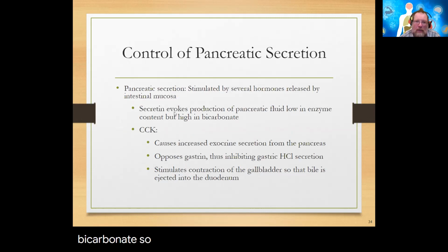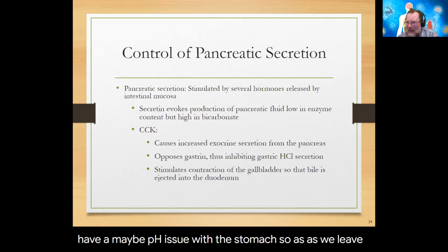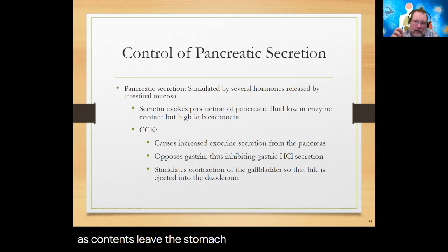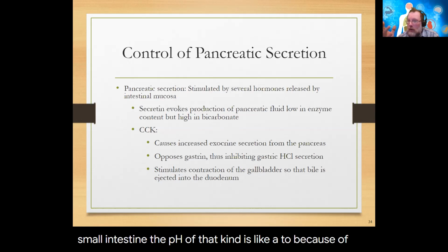So secretin is going to get triggered when we have maybe a pH issue with the stomach. So as contents leave the stomach and enter the duodenum or small intestine, the pH of that chyme is like a 2 because of the hydrochloric acid.